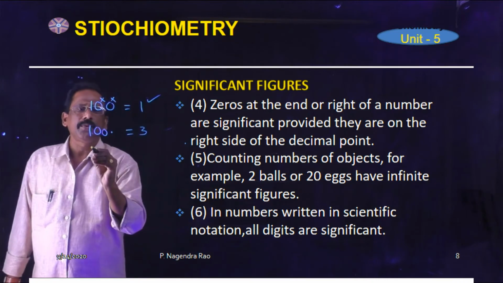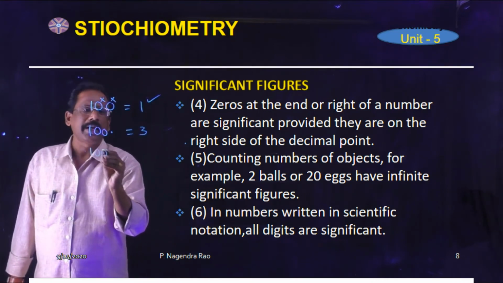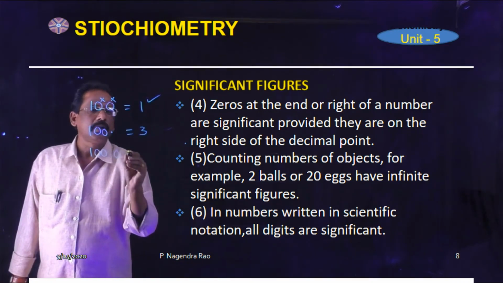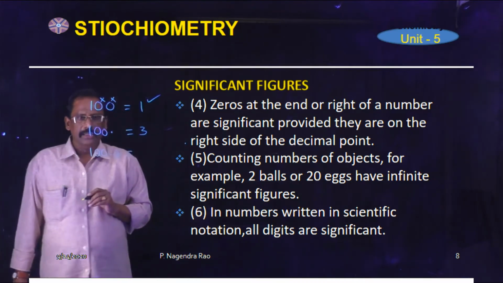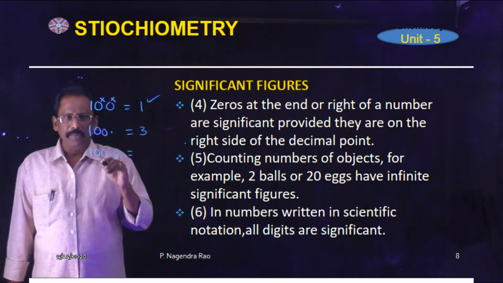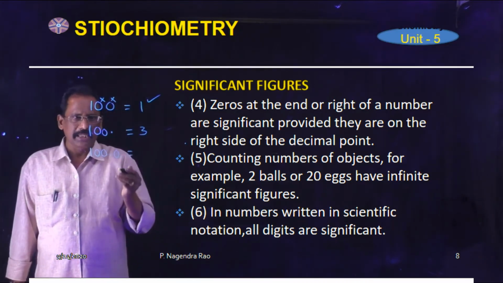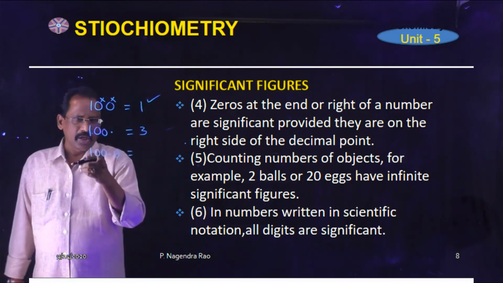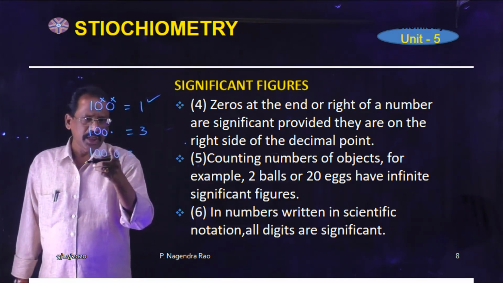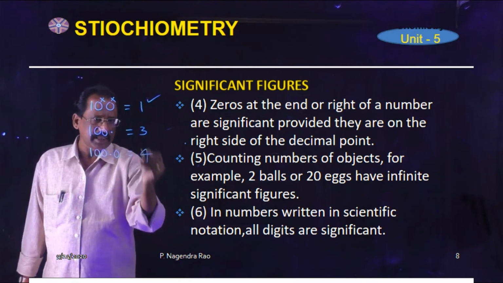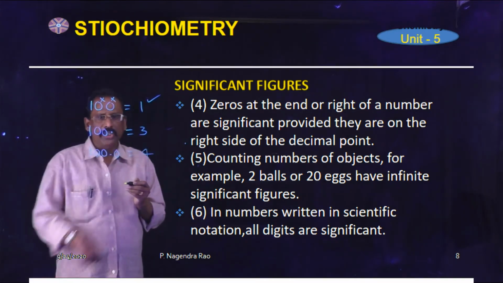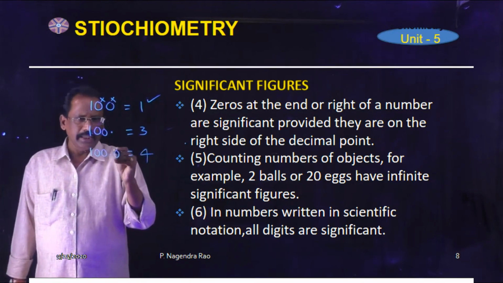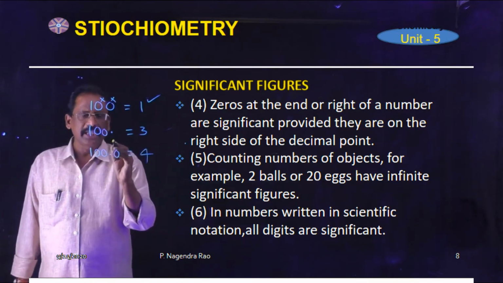Suppose you write like this, 100.0. Now how many significant figures does this value have? It has 1, 2, 3, 4 significant figures, because 0 is present on the right side of the decimal point.